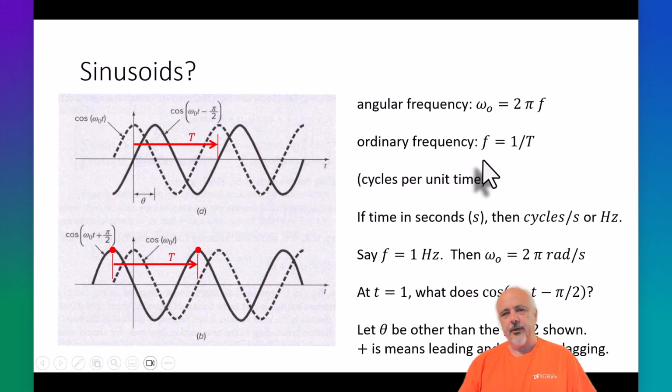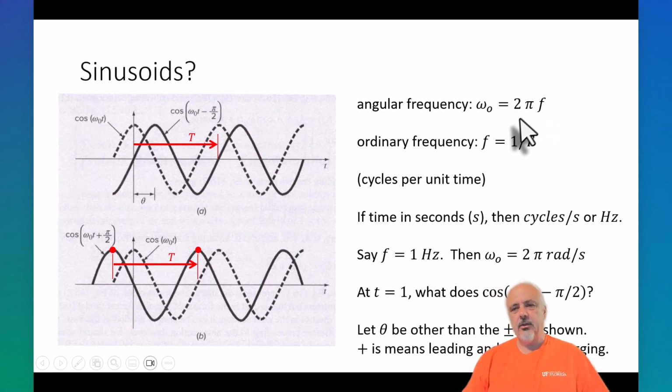Frequency is how many cycles per second you might have, so that would be lowercase f, 1 over T. For angular or circular frequency, you take that f and multiply by 2 pi. So omega naught would be in radians per second, whereas f would be in cycles per second.